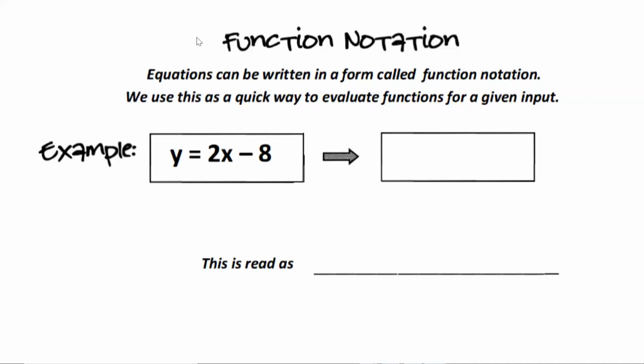So function notation. How we're going to do that is we're going to say f of x equals 2x minus 8. So all we did is replace this y with f of x.